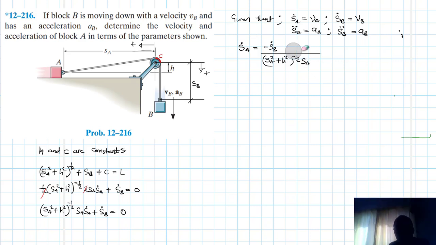So let's rewrite this one. This becomes equal to minus SB dot, this part comes up, SA squared plus H squared to the power half, divided by SA.